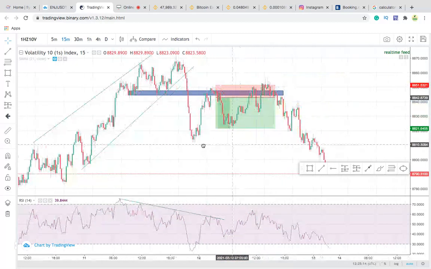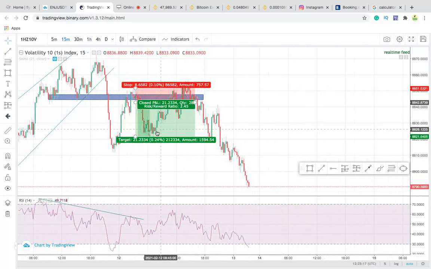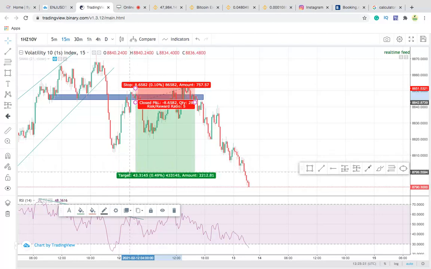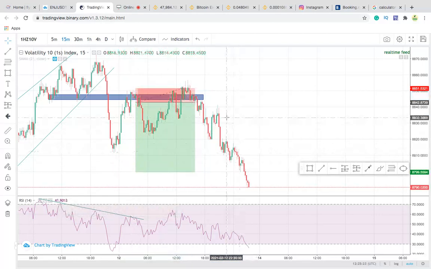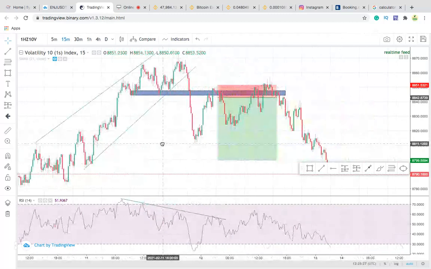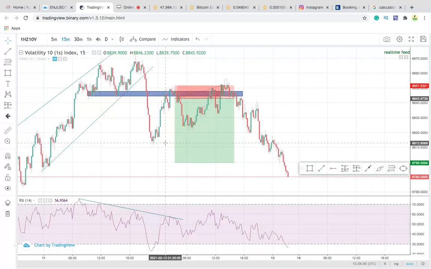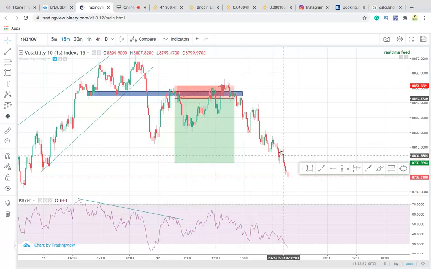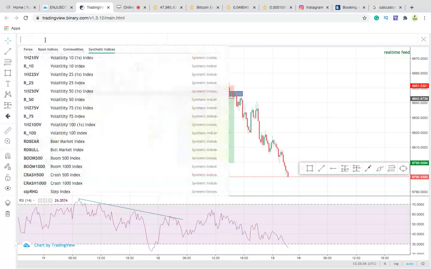This is still selling all the way down on Volatility 101S. I took a trade on this. I took a sell already. I entered somewhere here. And I called out this trade yesterday on my VIP.